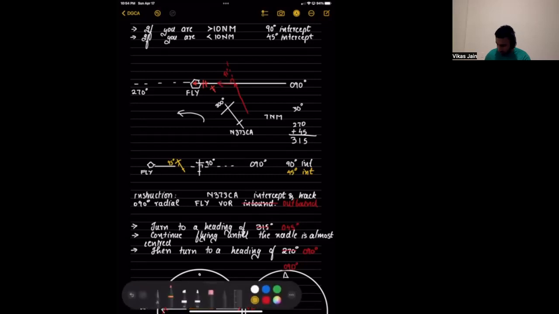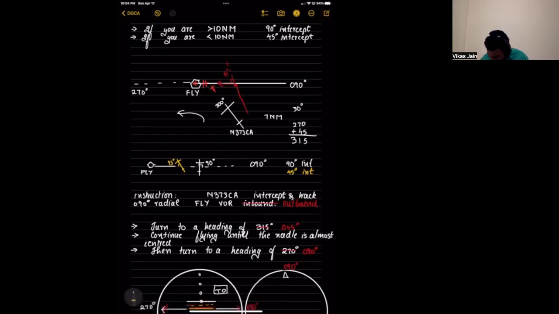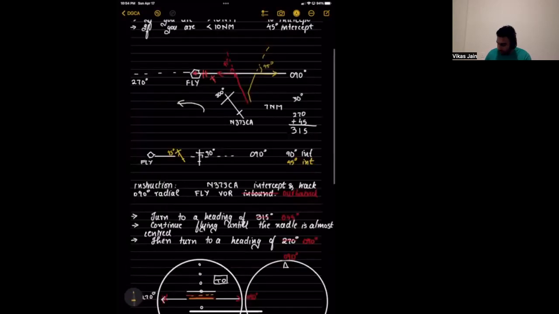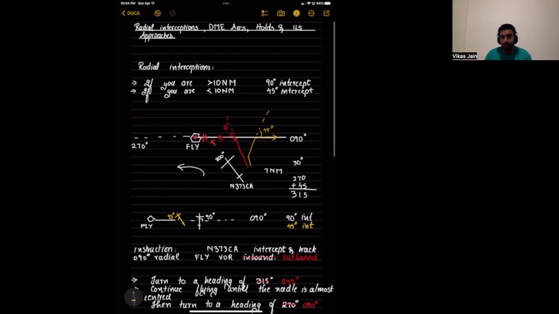And for the second case, okay, you're here, right? You have to go outbound. So you make a 45-degree intercept and you turn outbound and you go outbound. That's it. All of this is just to show you how these look on the instruments. That's your basic intercepting and tracking.